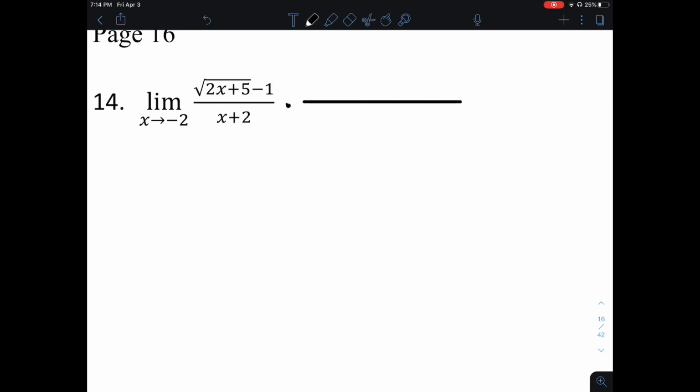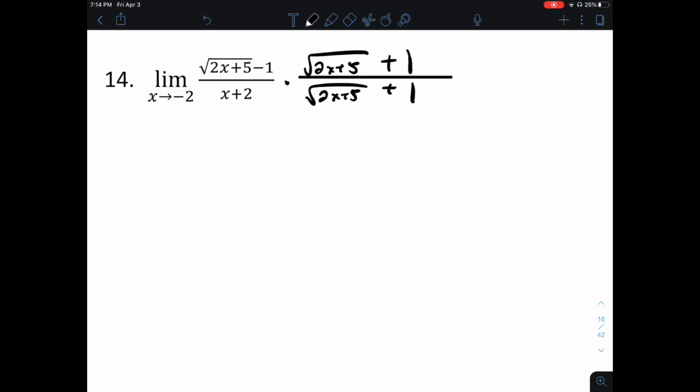So we're going to multiply by 1 in the form of the square root of 2x plus 5 plus 1 and the square root of 2x plus 5 plus 1. If this was a plus, this would be a minus. It's the opposite. In an effort to emphasize my pluses, I made them so horrible that I couldn't tell what they were. So this is going to be the limit.